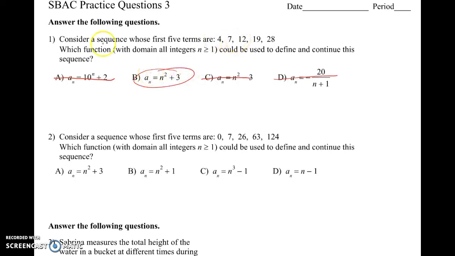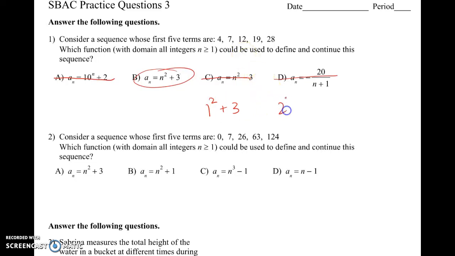Another way to think about it, when I think about a sequence, I always think squares, cubes, or geometric and arithmetic. And so if I looked at this, I would have thought, well, this is 2 squared, this is 3 squared minus 2. I would try to find some sort of pattern here. And then knowing that it starts with 1, I think 1 squared, well, I'd have to add 3 to get to 4.